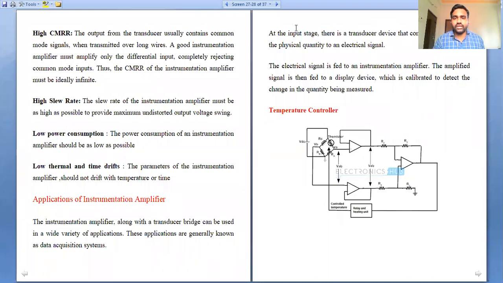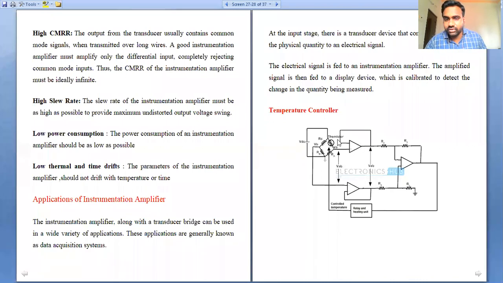So if we see the applications of the instrumentation amplifier, it is connected with respect to the transducer. See, this is the connection of a transducer with three operational amplifiers.